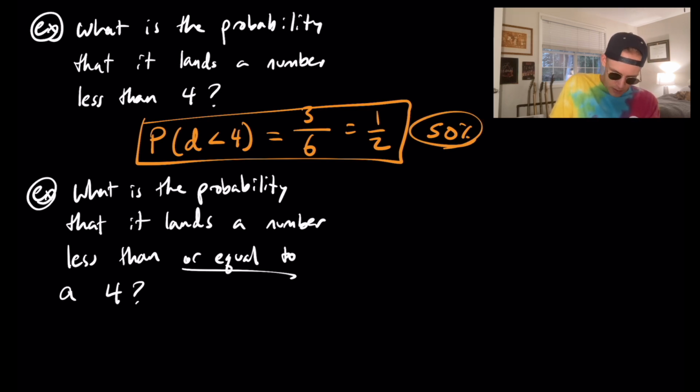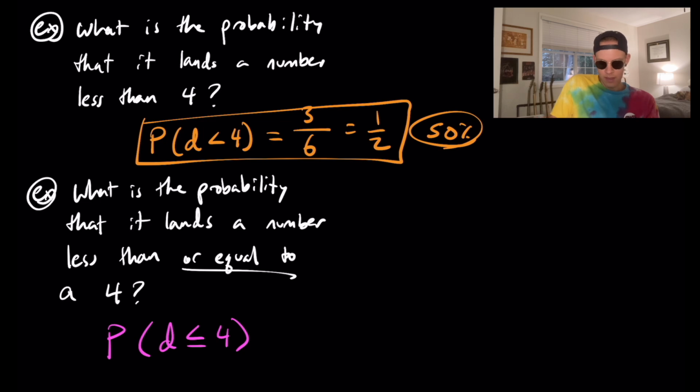What is the probability that it lands on a number less than or equal to 4? So this time, I'm going to write it like this, that the die, D, is less than or equal to 4. What's the probability that it's less than or equal to 4? So we'll take the outcomes from before, right? 1, 2, 3, those still work. Those will be less than 4. But we want less than or equal to 4.